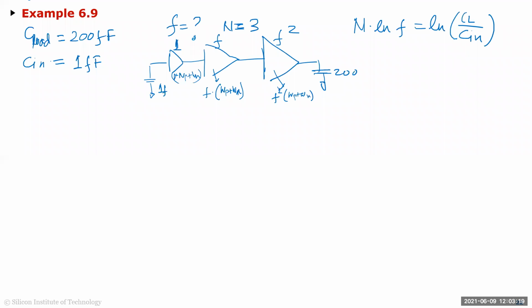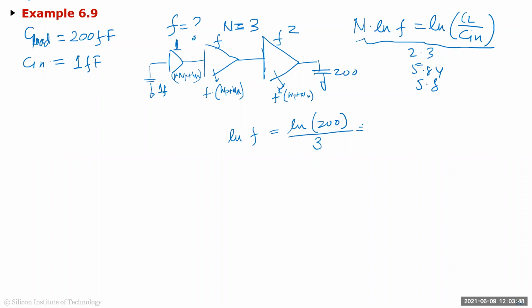Okay, so I'm getting 2.3, 5.84, 5.8. Okay, so let me just quickly calculate and see what it should be. Like I said, you just apply this expression, so here if I write ln of F is equal to ln of CL over C in, which is 200, divided by n, which is given as 3, right?